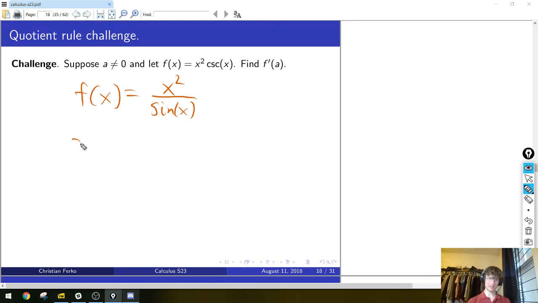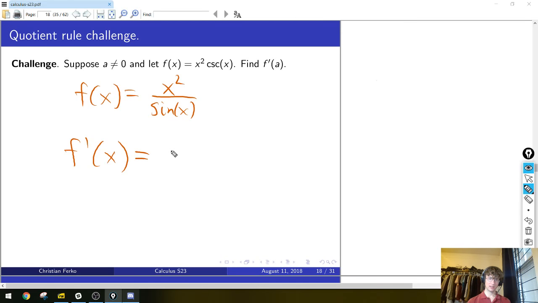Now let's see if you can remember the mnemonic from the previous slide. How do I take the derivative of this? Okay, on the top we have, let me think, square times sine x minus, right? Wait, what was the first part you said?